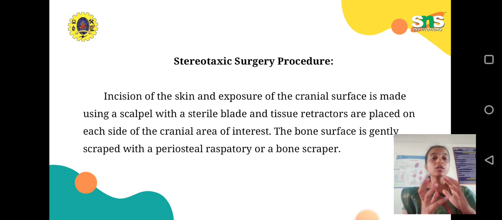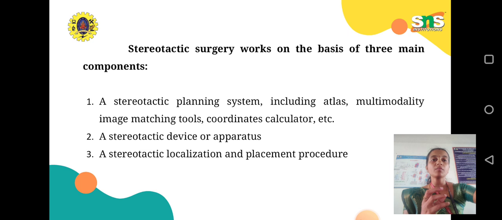So that bone surface will be gently scraped with a periosteal raspatory or a bone scraper. By using a bone scraper, the area where we are going to operate can be lightly scraped.